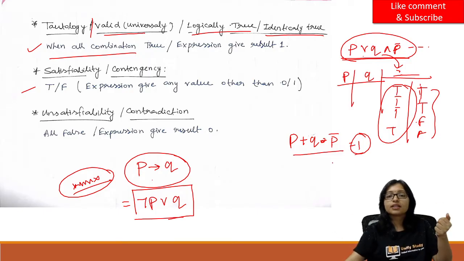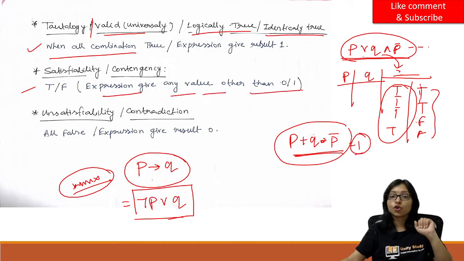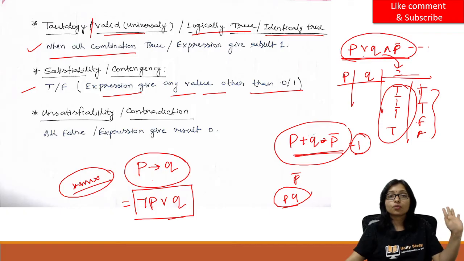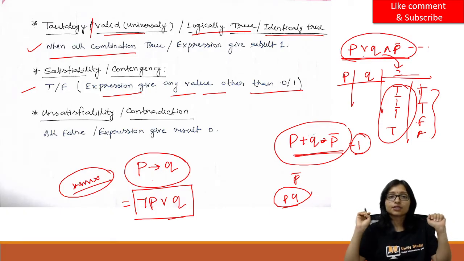When you are solving the expression, you will get a value in terms of variables, any value other than 0 or 1, like either P, P bar, Q or PQ or something. It will be not 0 or not 1. It will be in terms of variables, then it is satisfiable.